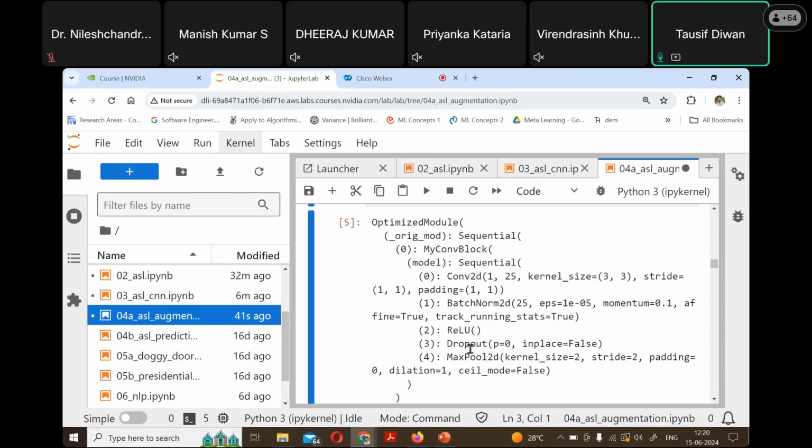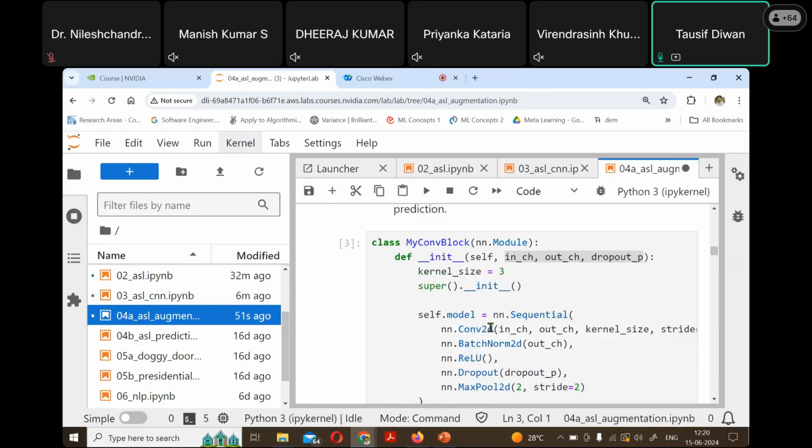These layers are responsible for that very first line. See the sequence: convolutional, batch norm, ReLU, dropout, max. And what is the sequence over here? Convolutional, batch norm, ReLU, dropout, maxpool 2D. Fine.